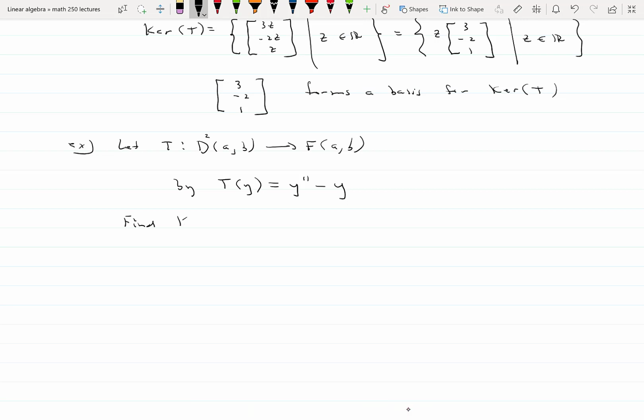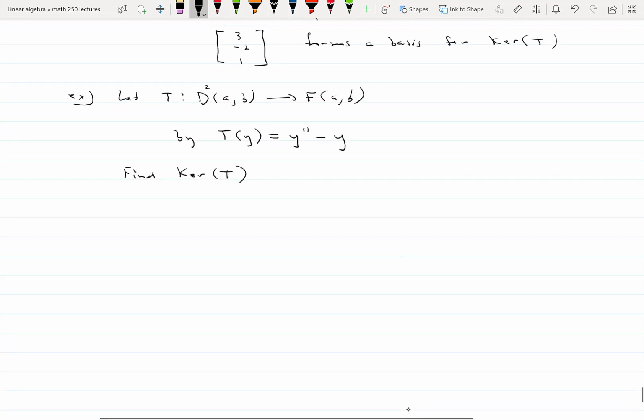I want to find the kernel of T. You've done this. In fact, if you're up on homework, you've done this almost exactly. The biggest thing is understanding what this kernel is. Actually, we're finding a basis for the kernel of T. Sorry about that.